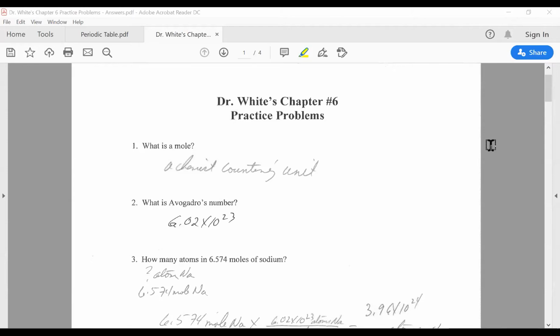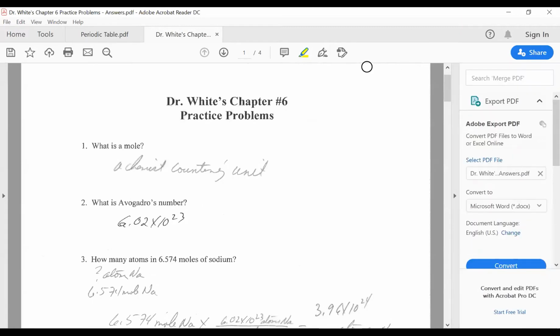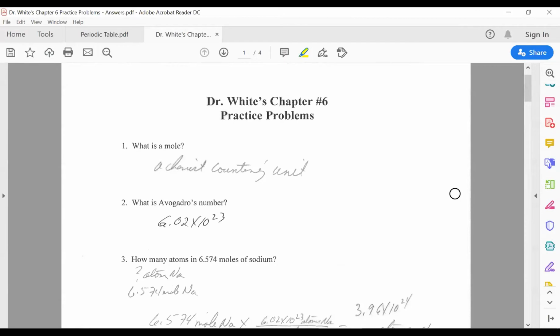One definition of a mole is, and I don't know why this is not giving me an arrow. I'll work it out later. You'll have to deal with the little circle. But anyways, one definition of a mole is a chemist's counting unit.